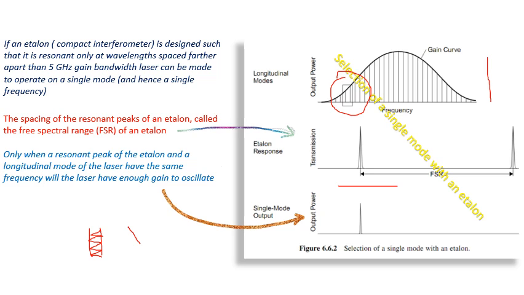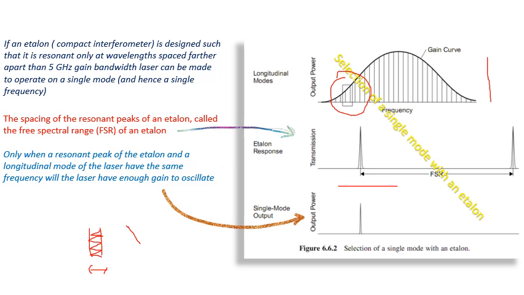So that will help us to choose a frequency, to decide longitudinal modes. Now what is written here, an etalon is like a compact interferometer, इसकी जो width है that will decide. That is why it's called the compact interferometer.